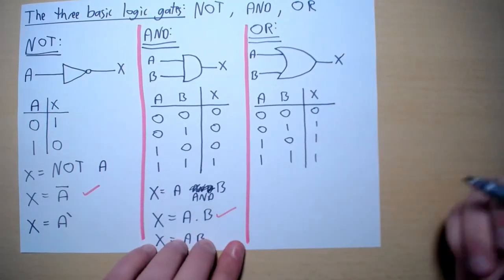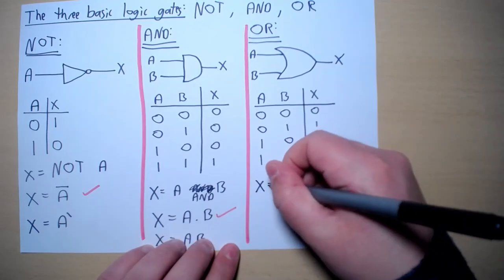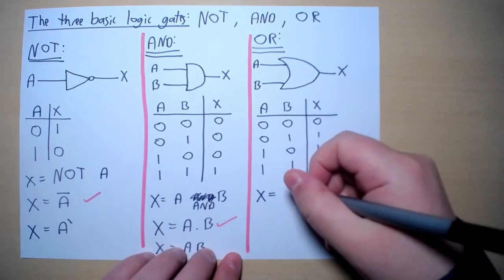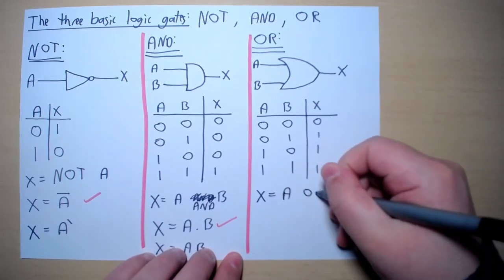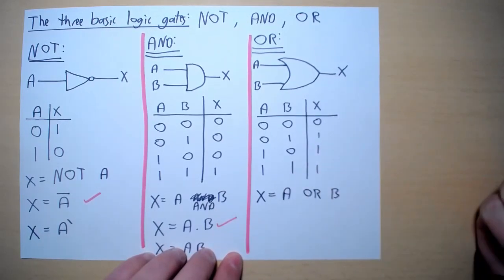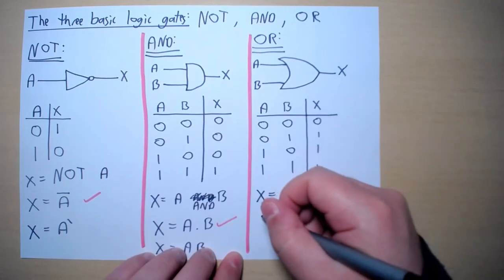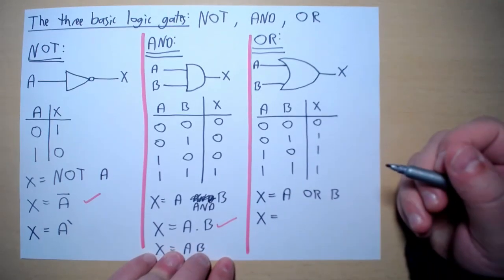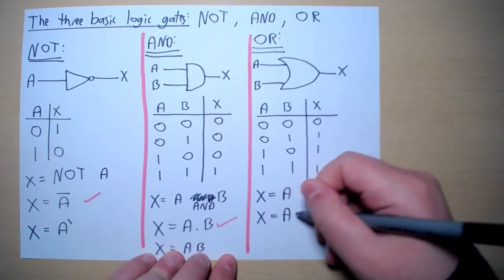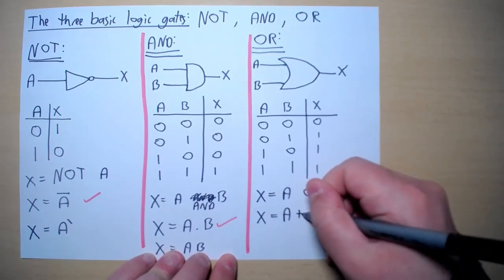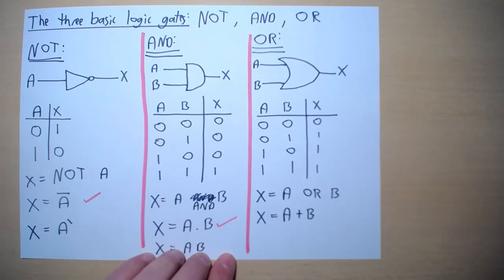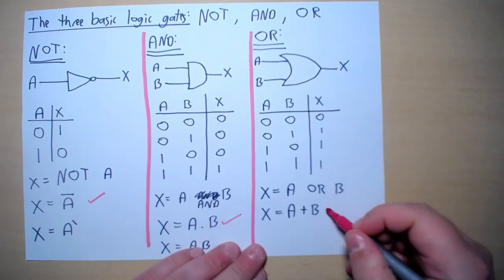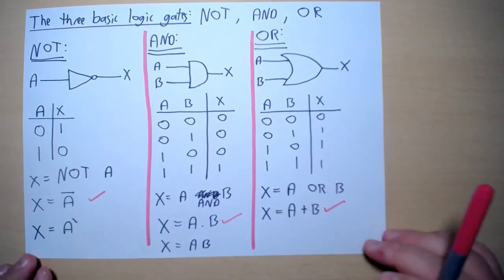If we have to write this in Boolean algebra, we either write it using the English word, so X equals A OR B. Otherwise, it's better if we use the proper Boolean algebra symbol, X equals A, and for OR we use the symbol plus B. So my suggestion is that you stick to that notation.